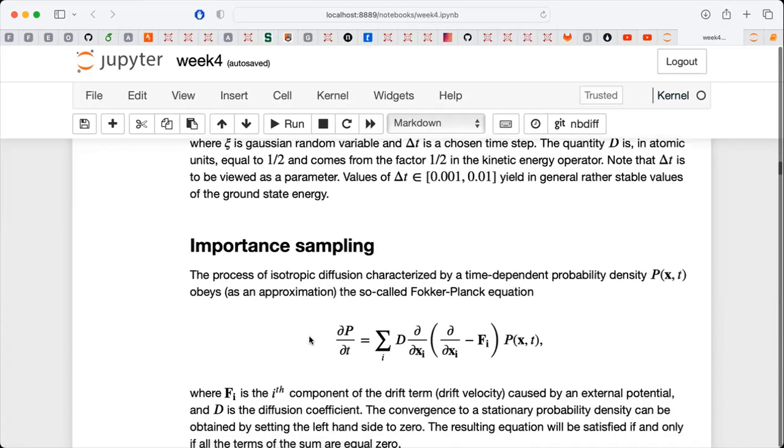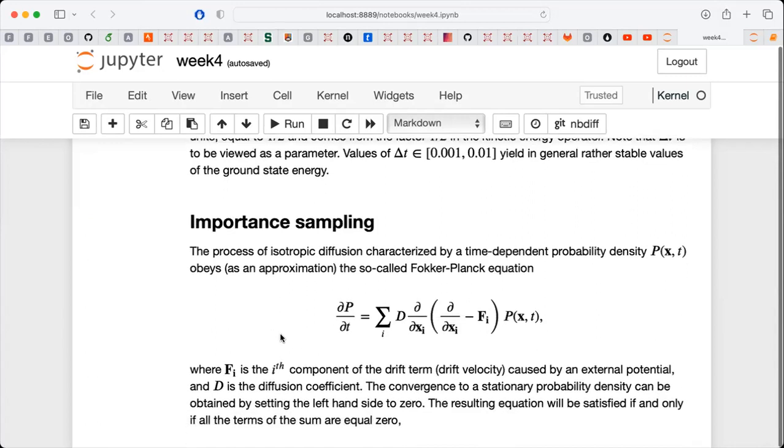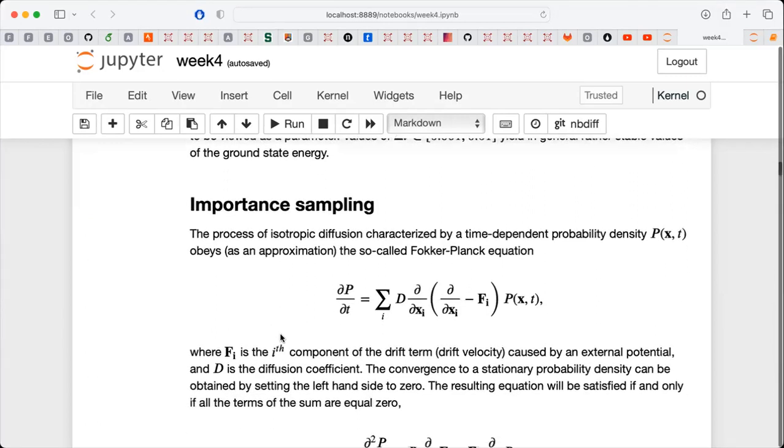Then, if we look at the equations, the so-called Fokker-Planck equation, if we do this in more than one dimension, we would have a loop over the dimensions here. And then we have this equation here.